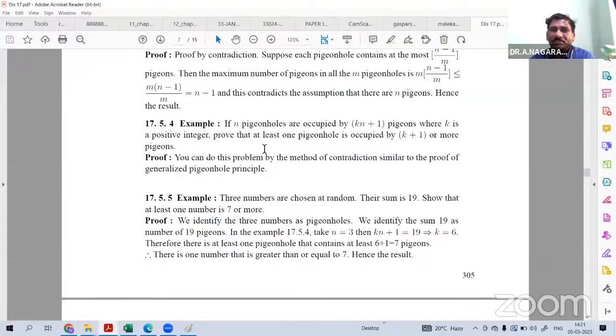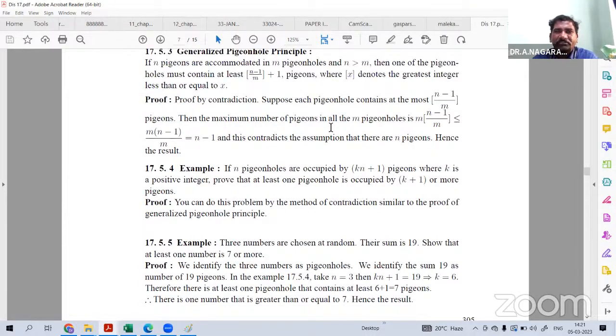Then the maximum number of pigeons in the m pigeonholes is m times floor of (n minus 1) by m, which is less than or equal to m times (n minus 1) by m, which cancels to n minus 1. So it is a contradiction for the n pigeons. Hence, the result holds. That's all. This is the generalization.